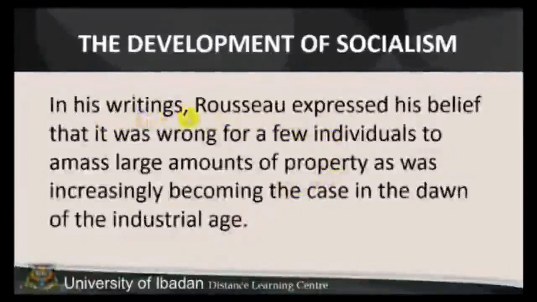In his writings, Rousseau expressed his belief that it was wrong for a few individuals to amass large amounts of property, as was increasingly becoming the case in the dawn of the industrial age.